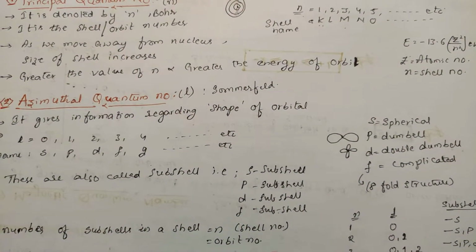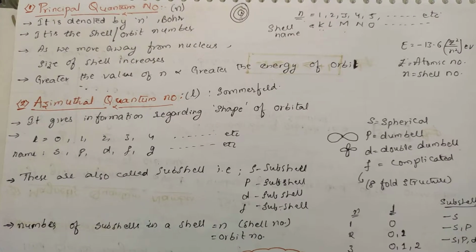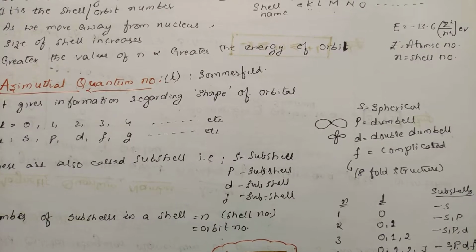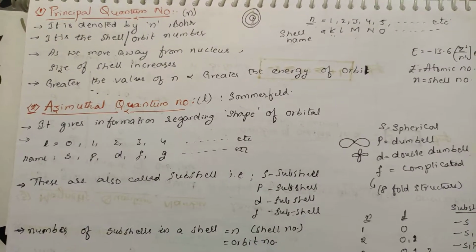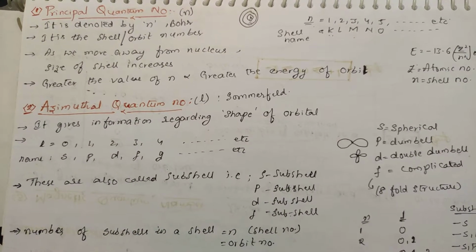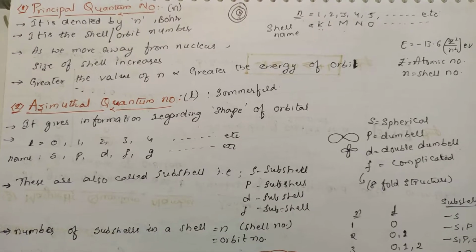Based on n you can calculate radius, and by using the radius you can calculate the volume of an atom, so you can calculate the size. Again I am repeating, the size as well as the energy of an orbit can be calculated by using the principal quantum number.